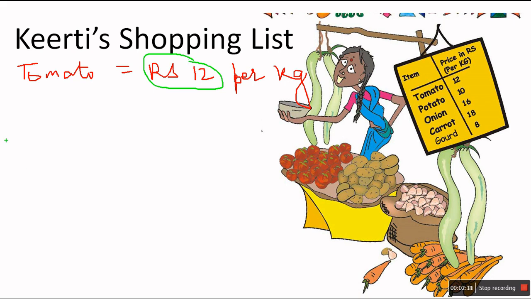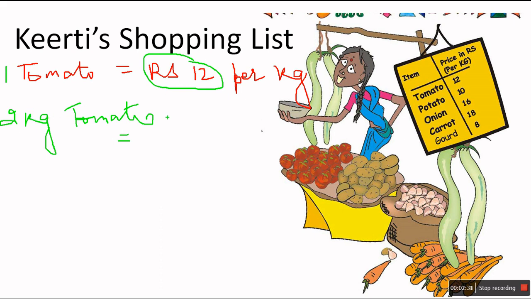If we want to buy 2 kg tomato, per kg means for 1 kg.